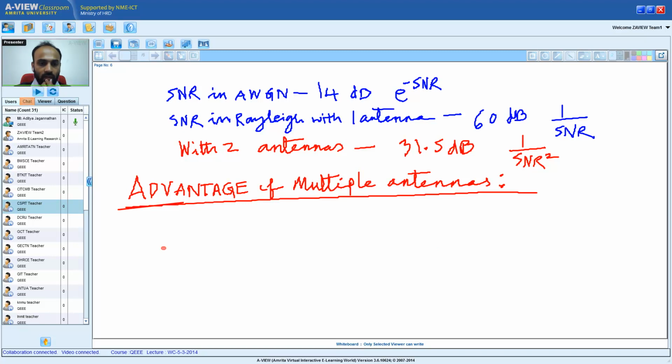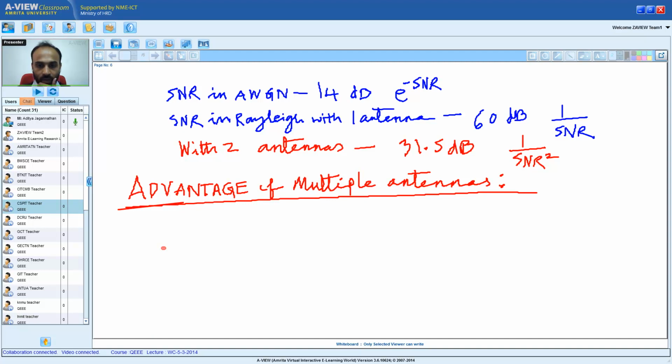The advantage of multiple antennas is that the required SNR is reduced, so the overall transmit power required is lower to achieve the same bit error rate, that is 10 to the power of minus 6.